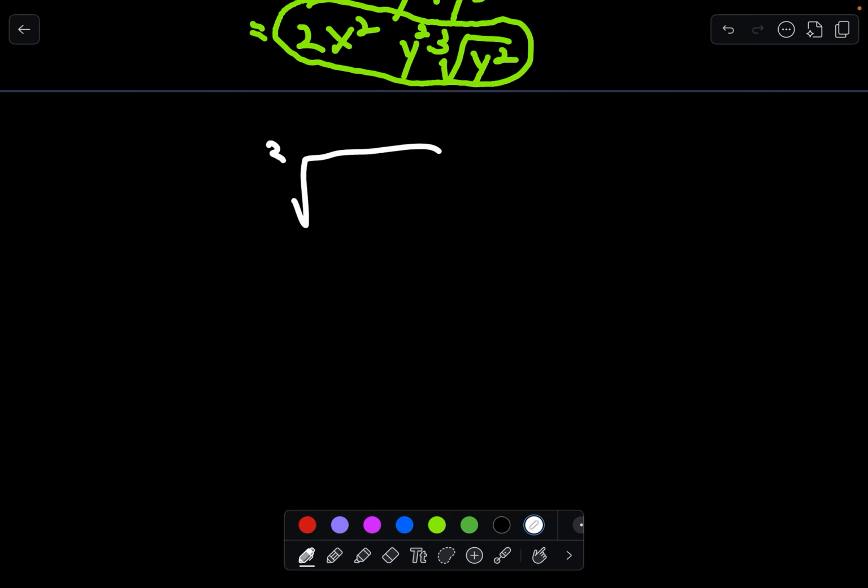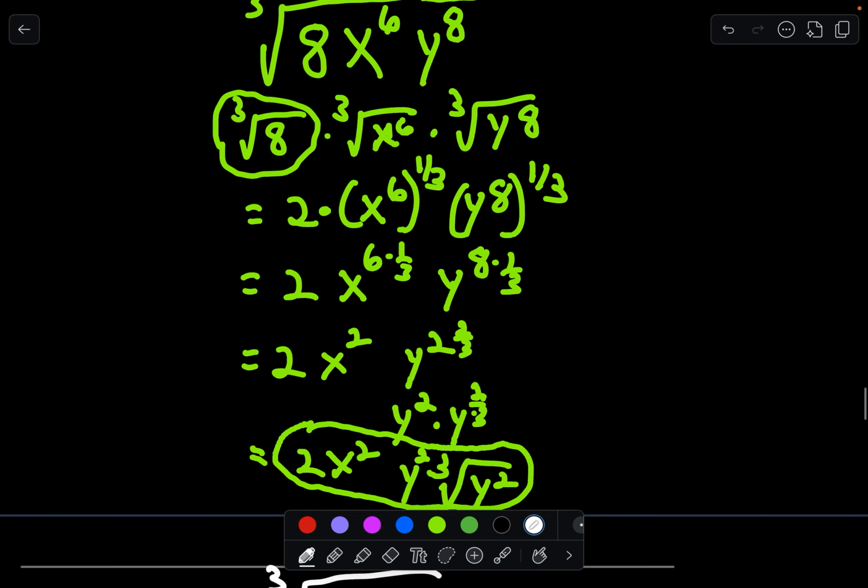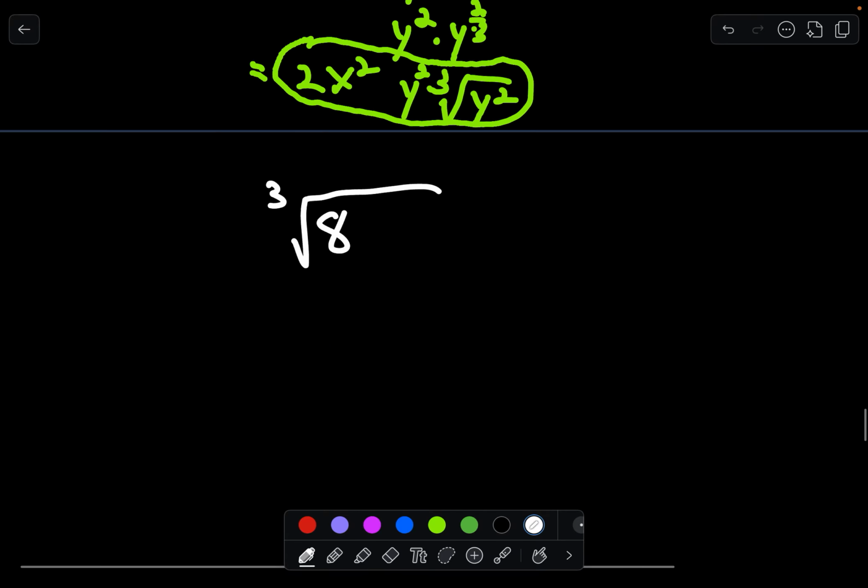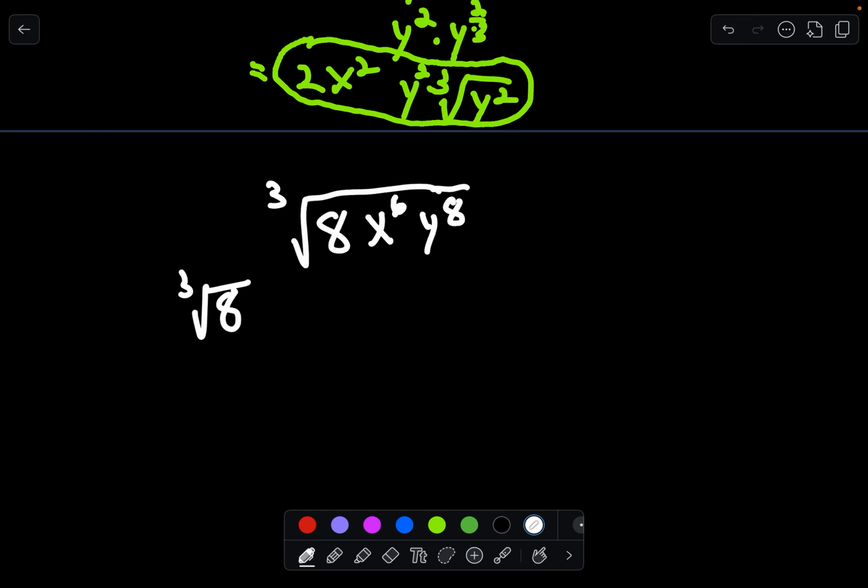So this was the cube root of 8 x to the 6th y to the 8th. All right, first off, you should know what the cube root of 8 is. Since that's a nice number, that's just the number 2. Then you take each of these exponents, and that's x to the 6/3, y to the 8/3.